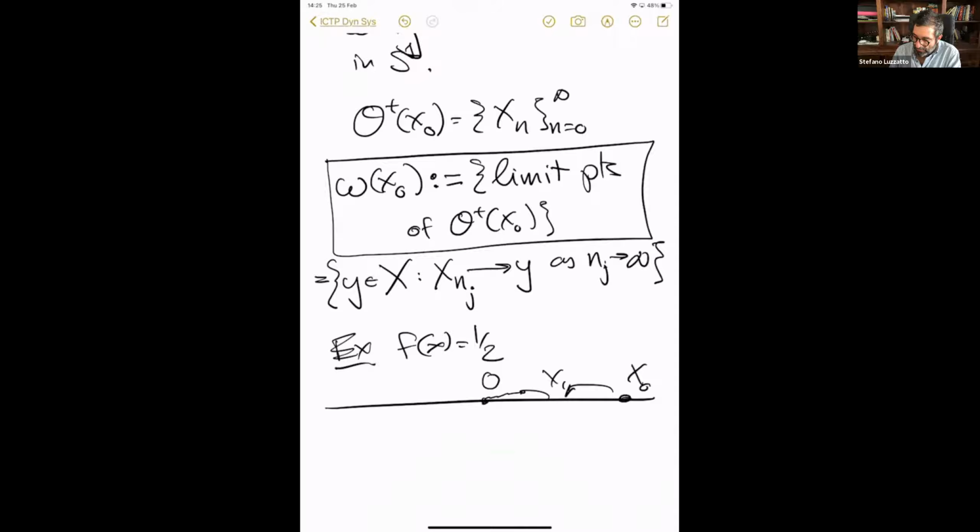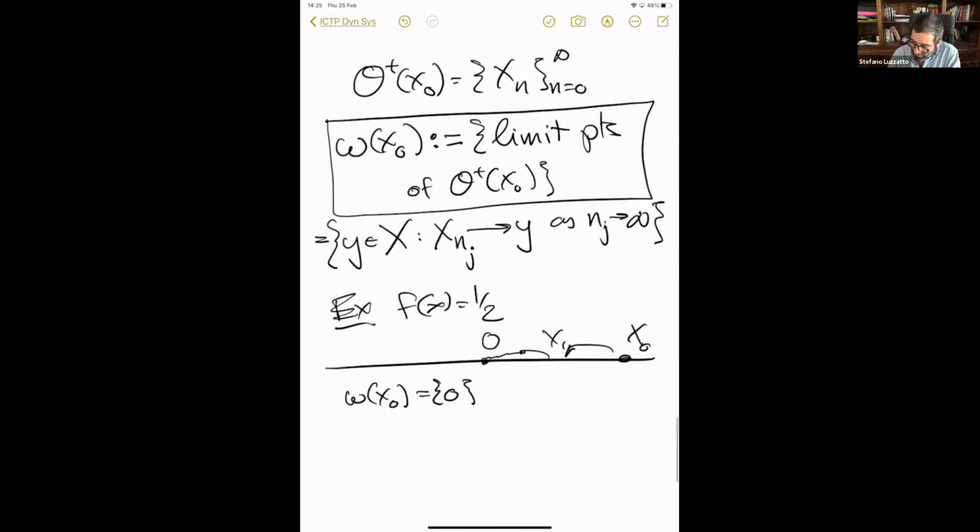What is the omega limit of x naught in this case? 0. Exactly. It's just the single point 0, because in this case the orbit actually converges to 0. So this is a converging sequence, and a converging sequence has a unique limit point. That's the definition of a converging sequence.